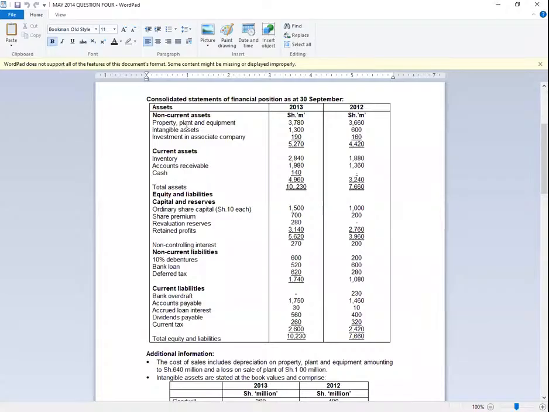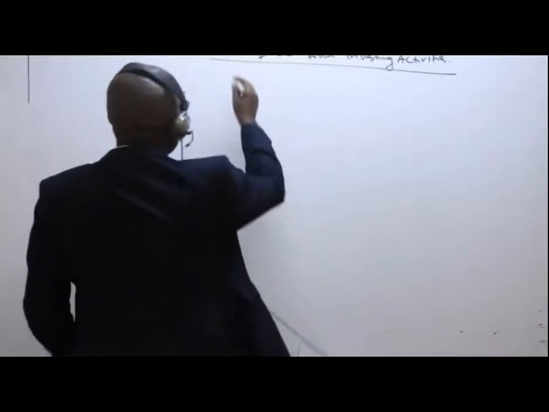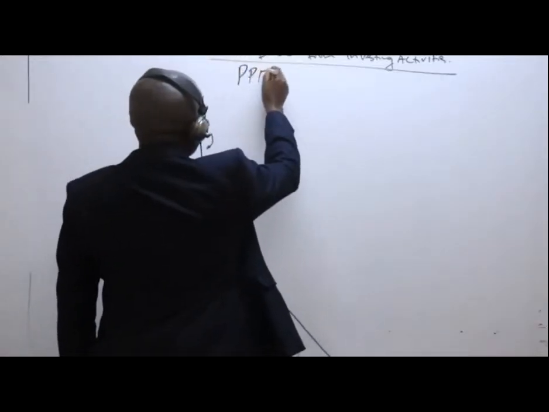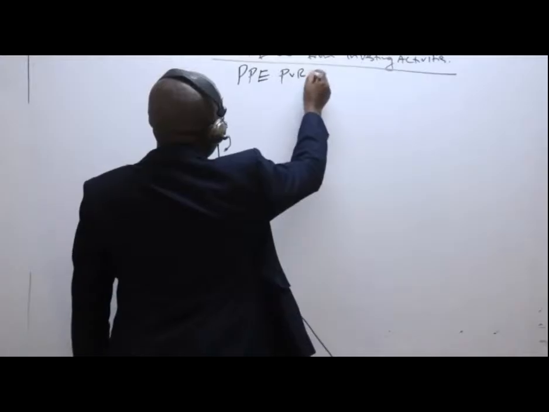So for property, plant, and equipment, you will have PPE that was acquired, and there could be PPE that you sold. So for PPE, I don't even have to be told by anybody. I'll come and write here: PPE purchased.